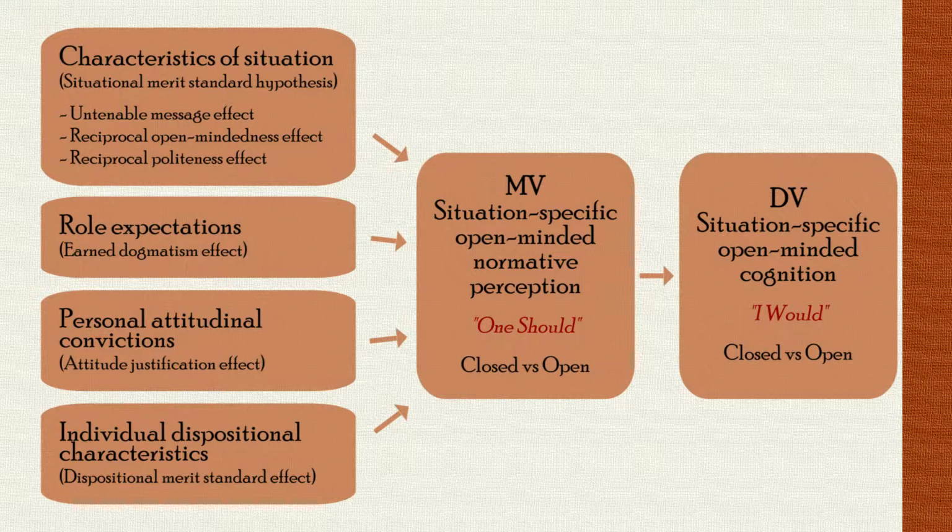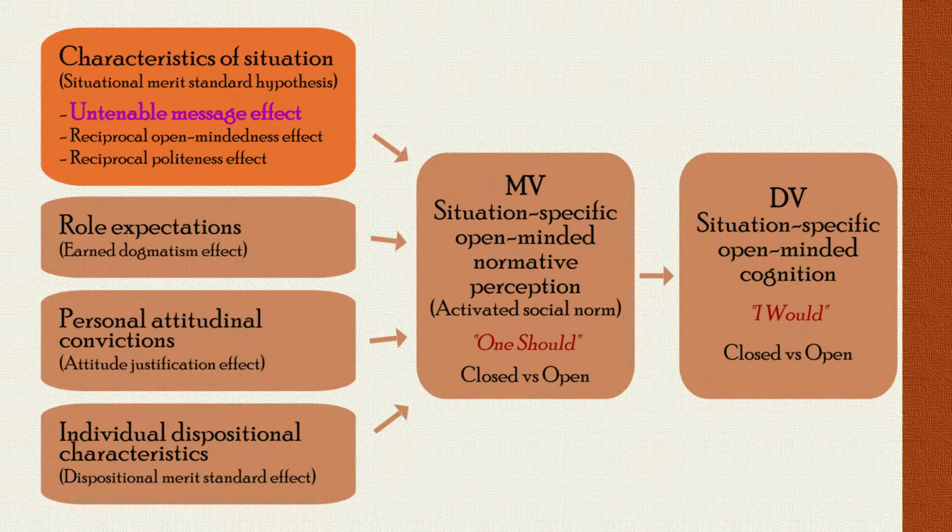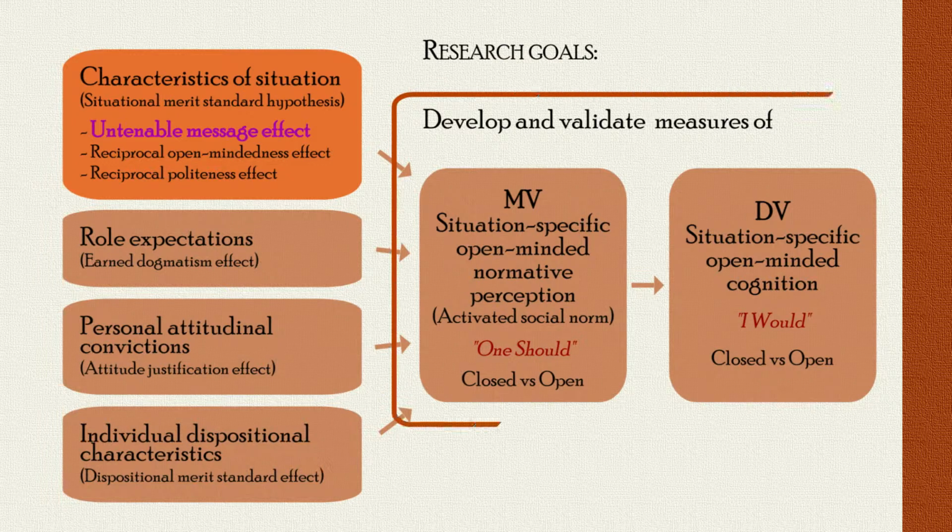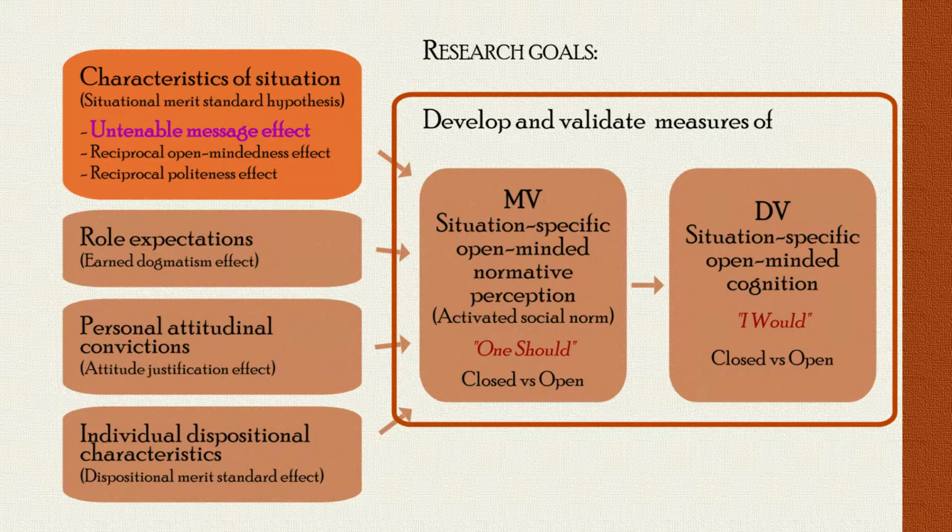In this particular segment of my lecture material, I'm going to focus on what's marked in pink here, the untenable message effect, which documents the effect of a particular characteristic of the situation. So first we had to develop and validate this now new measure of what we're calling situation-specific open-minded cognition, as well as a measure of the situation-specific perception of the social norms, the perceived extent to which individuals think in this situation one should be open-minded.